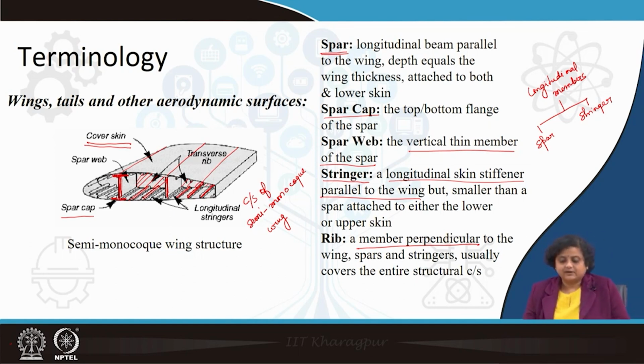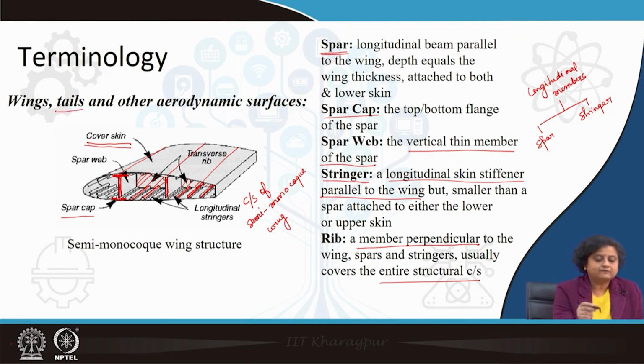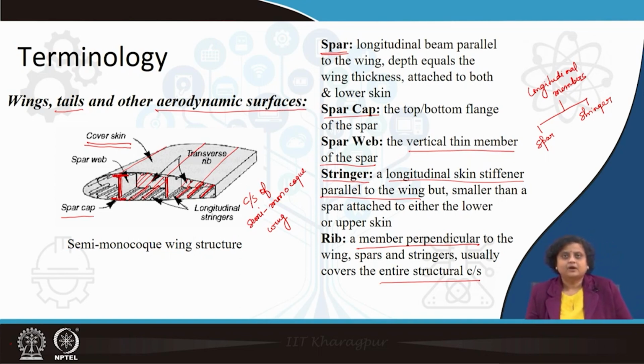These transverse members are usually called ribs. They cover the entire structural cross section of the wing. Not only in the wing, such a design can also be seen in the tails of an aircraft, as I said before, or any other aerodynamic surface. A flap or a larger flap will also have this kind of structure.